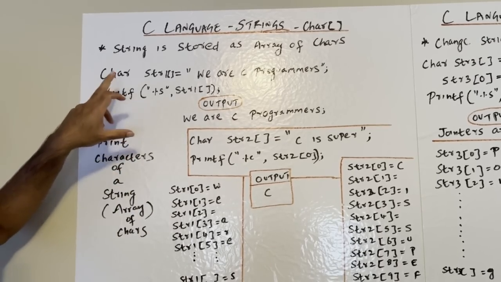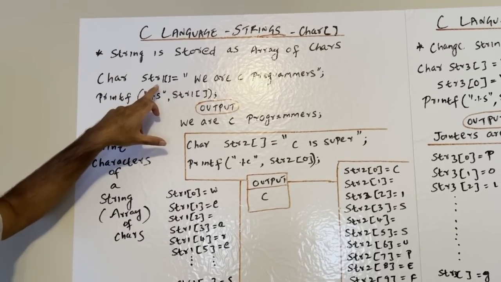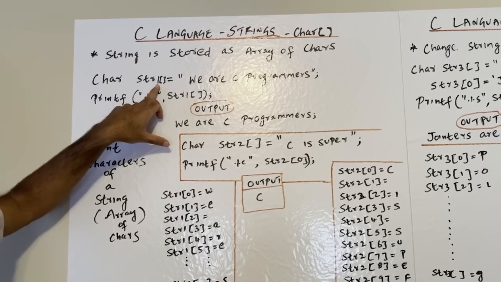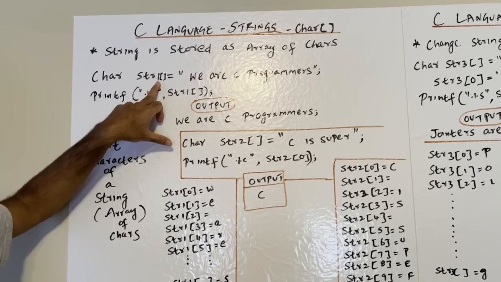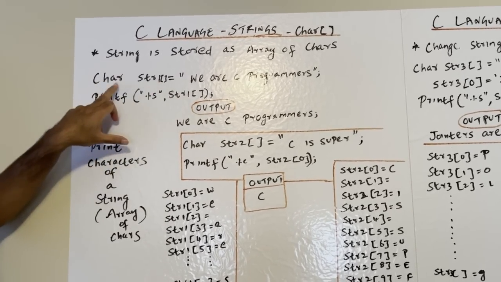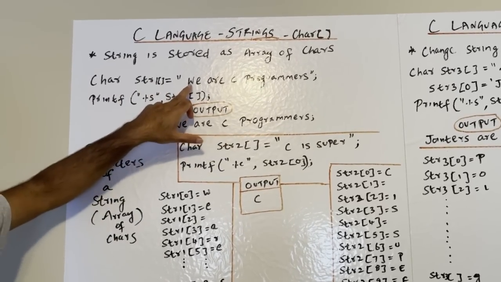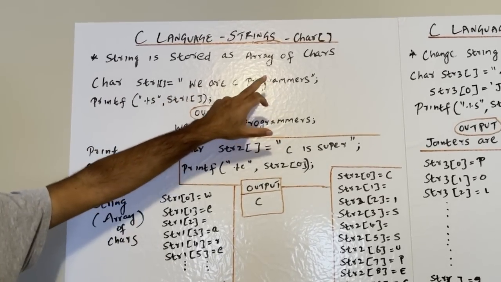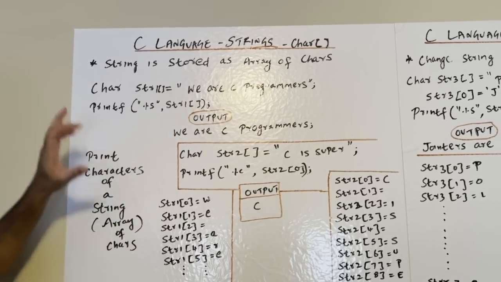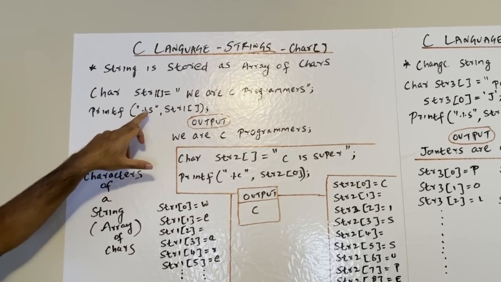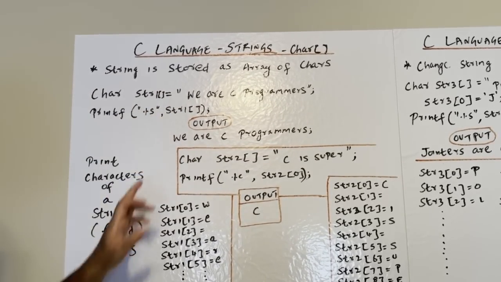This is one example. Here I define a variable str1. See the square braces? Square braces mean array definition. So char str1, the value is "We are C programmers." That is the value stored here. And in printf, I want to print %s.